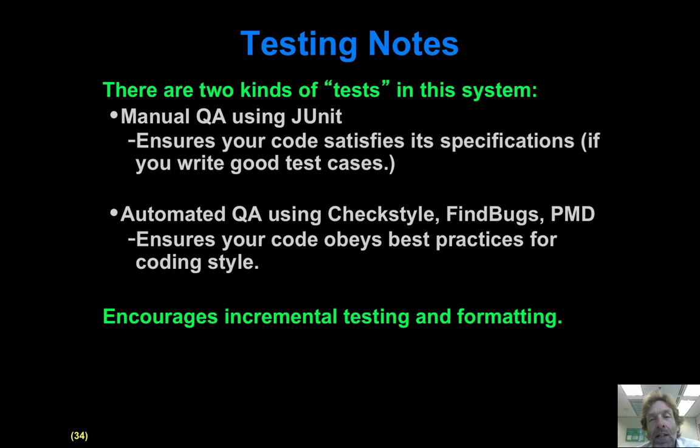On the other hand, there are now these new tools, Checkstyle, findbugs, PMD, etc., that can do automated quality assurance, and that's going to basically look at the style and certain idioms that you use in your coding and make sure that they satisfy best practices.